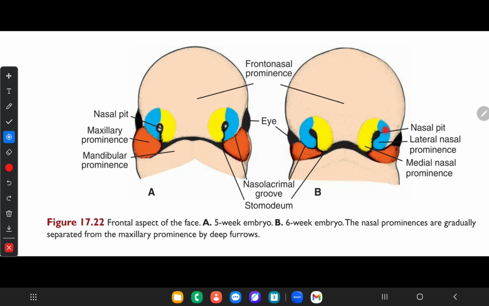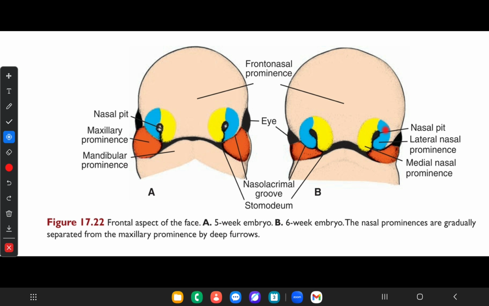Again, first there were some local thickenings on the surface ectoderm of the frontonasal prominence, known as nasal placodes. Next, those placodes invaginate to form nasal pits.